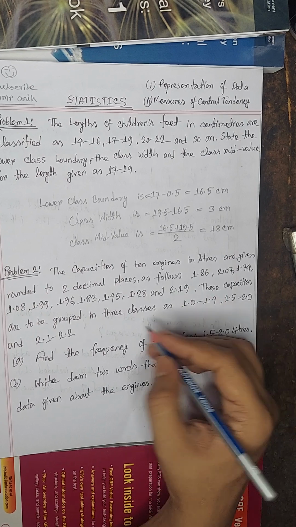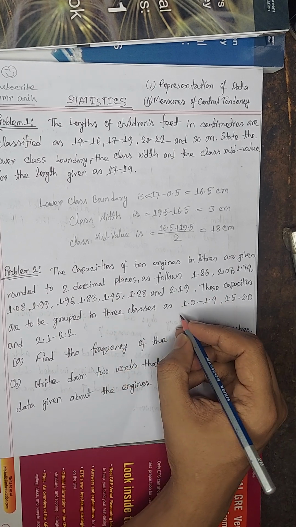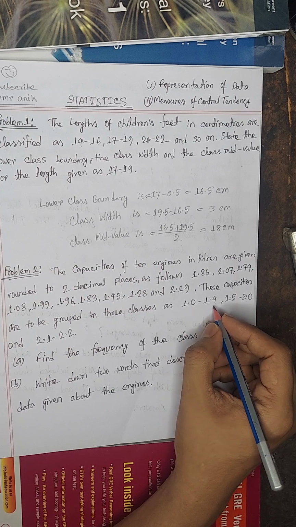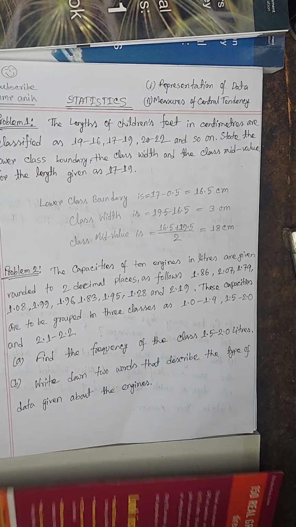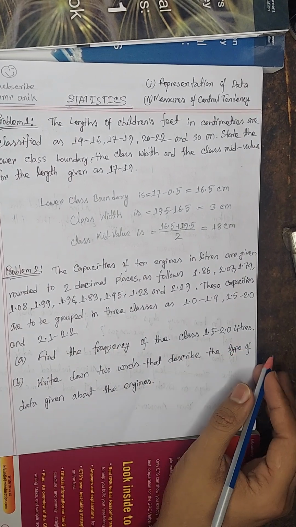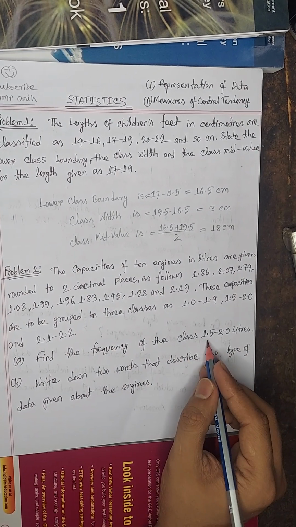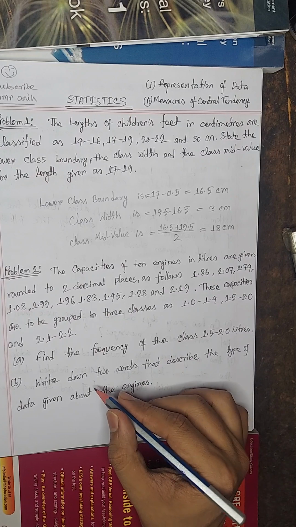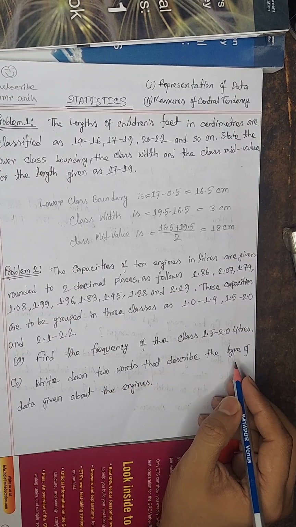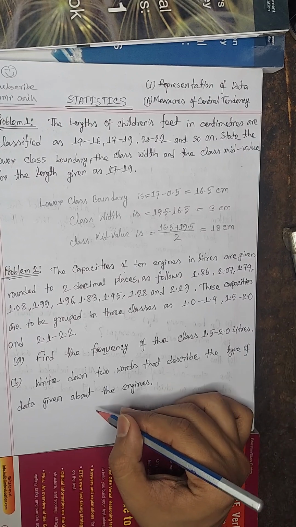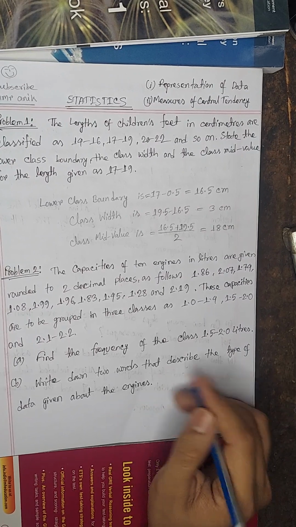These capacities are to be grouped in three classes, which are 1 to 1.4, 1.5 to 2, then 2.1 to 2.2. We have to find the frequency of the class 1.5 to 2 liters. Then we have to write down two words that describe the type of data given about the engines.